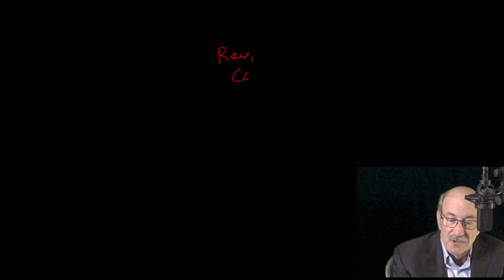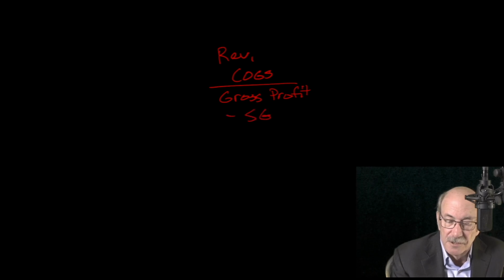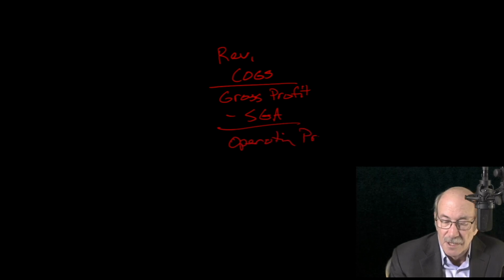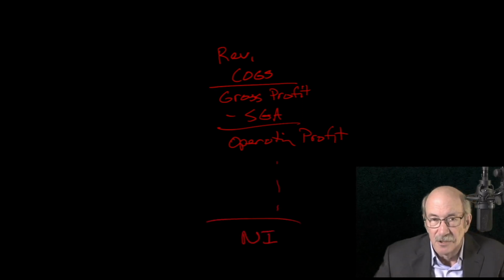We've got cost of goods sold here. Subtract that out, and that gives us our gross profit. Then we've got selling and general administrative expenses, and we get down here to our operating profit, and so forth. Eventually, we get down to net income after we've paid everybody else: interest, taxes, depreciation, and so forth.